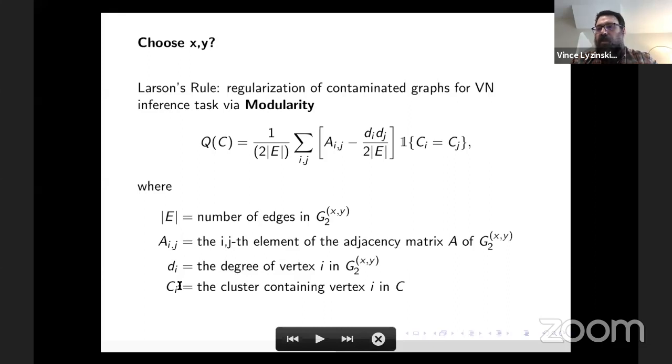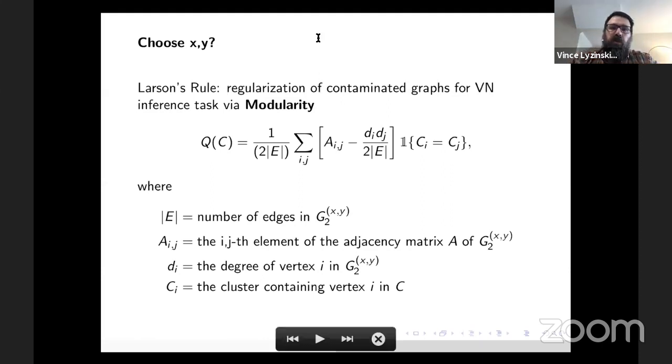And c_i, again given a set of communities, is the cluster containing vertex i in that community assignment. And so modularity gives a numeric score for how tightly connected communities are within versus across. The higher the modularity, the more edges within community versus across community that you have in your network.